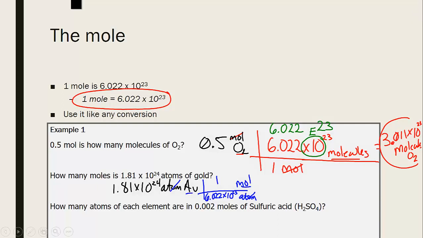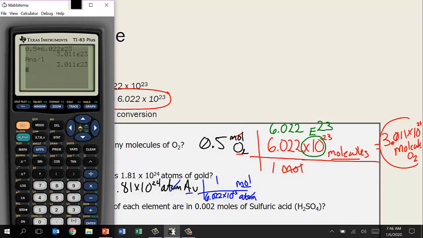So I'll grab my calculator again and do 1.81, and again times 10 will replace with the overload function to the 24th, divided by 6.022 times 10 to the 23rd, Avogadro's number, to find that we have a little more than 3 moles of gold.